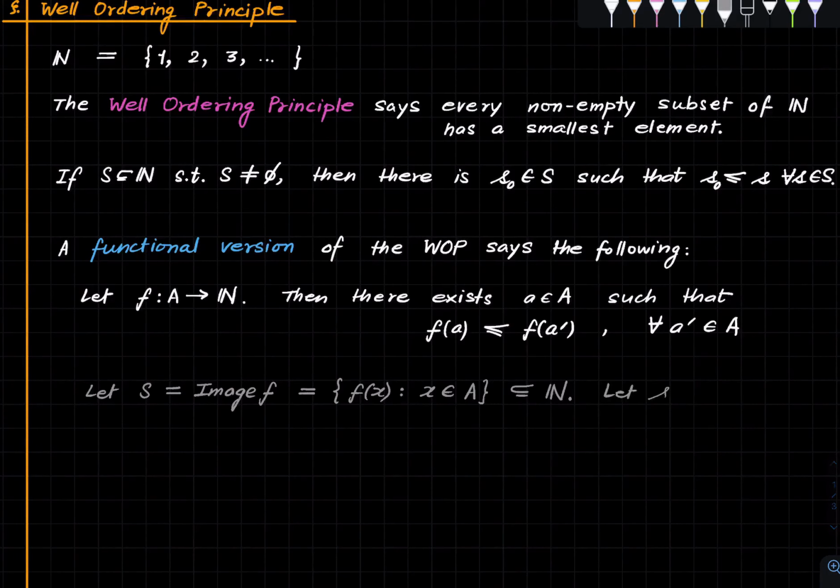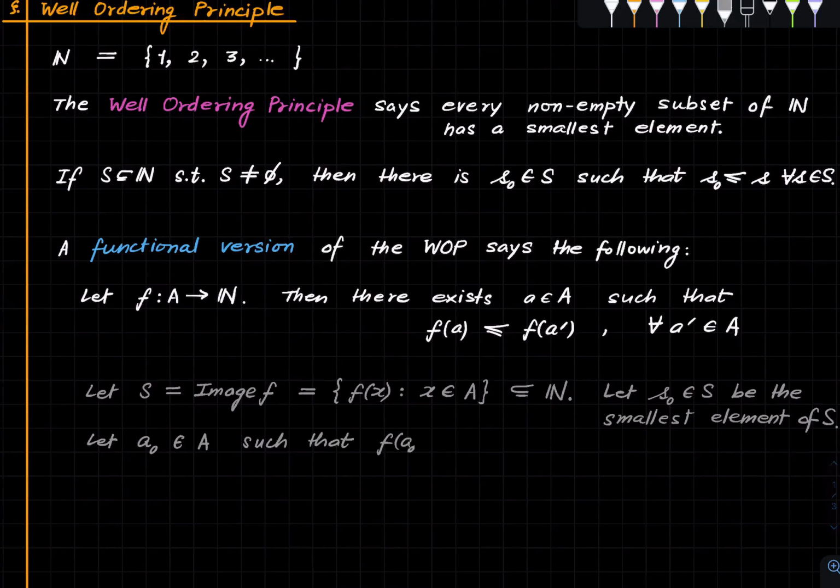So let s naught be the smallest element of S. Since s naught is in the image, we can find some a, let's call it a naught, in the set A such that f(a naught) is s naught. Right? s naught is after all in the image of f, and hence there is some element in the domain of f whose f value is s naught.